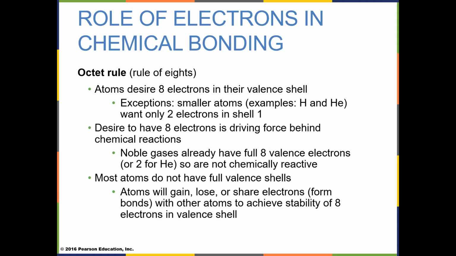Atoms will do whatever it takes to get a stable valence shell with 8 electrons. It will gain electrons, lose electrons, or share electrons. And for the remaining 112 atoms, that's how they do it. They want to achieve stability in their valence shell.